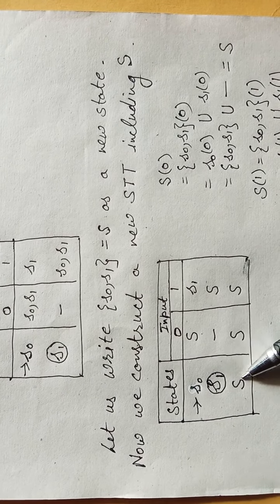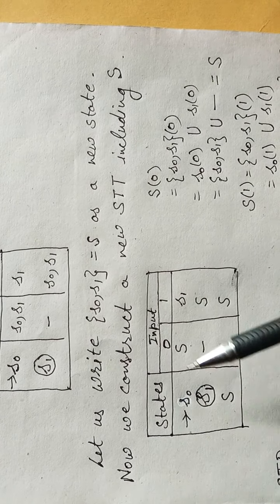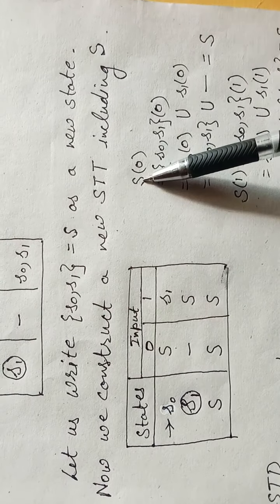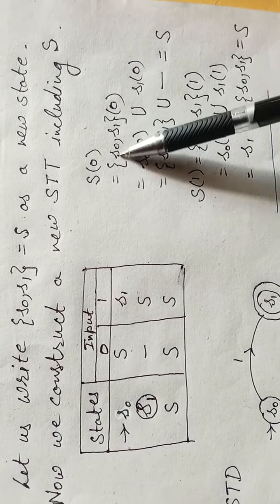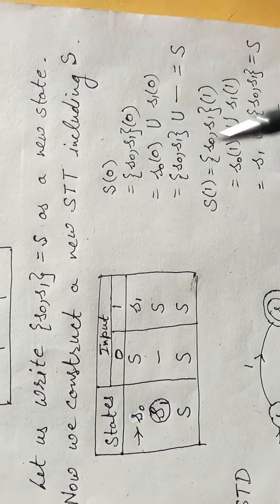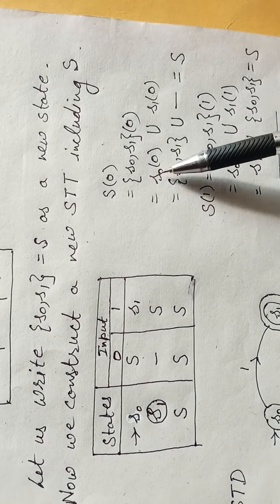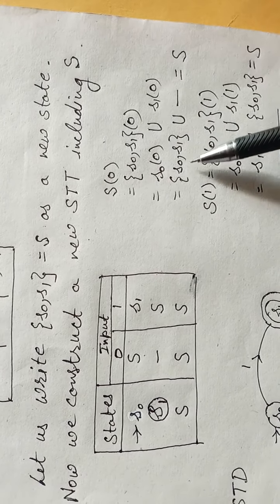Now with the new state capital S, what does this capital S move to with 0 input? Capital S means these two, so we take both transitions: S0 with 0 input and S1 with 0 input.